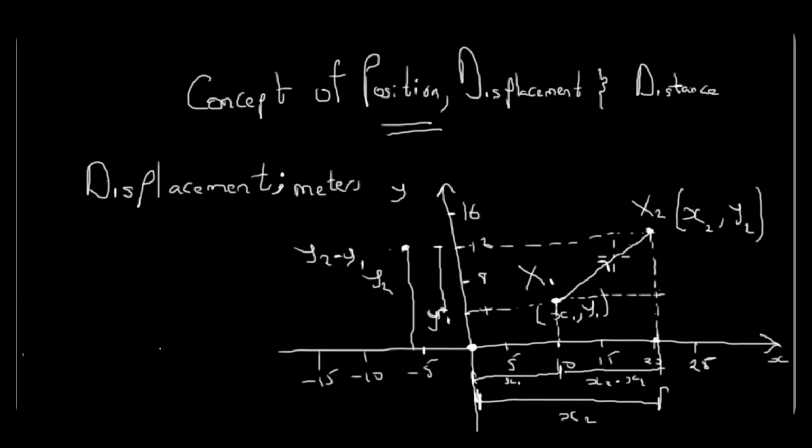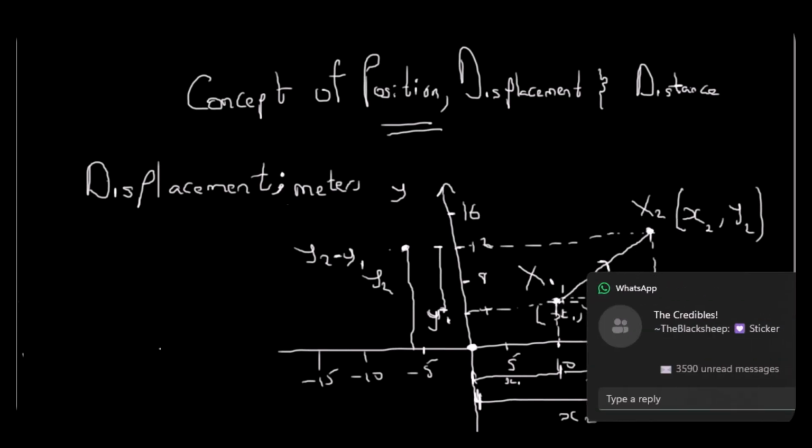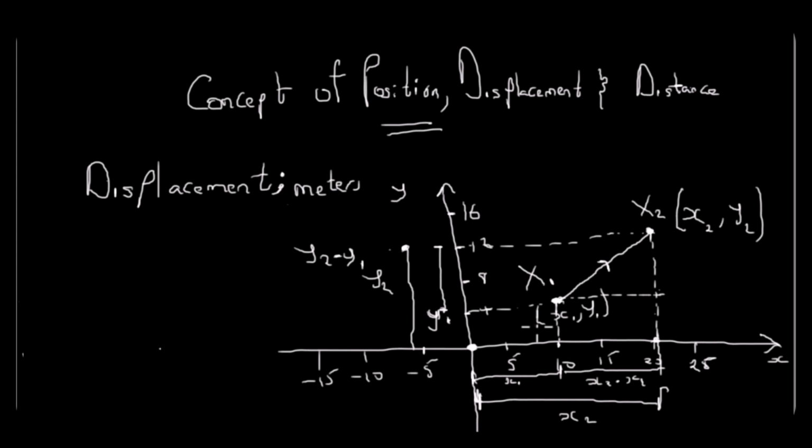So the length between these 2 points, x1 and x2, let's say it is r, will then be given by the square root of x2 minus x1 all squared plus y2 minus y1 all squared.